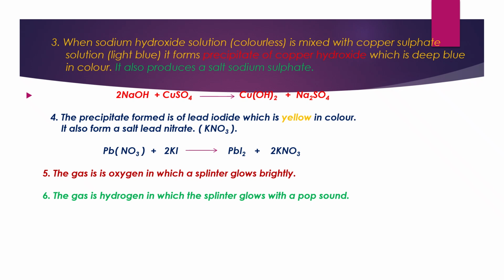Then see the precipitate formed when lead nitrate reacts with potassium iodide. It will form PbI2, that is lead iodide, a yellow color precipitate. This is very important. It will also give you potassium nitrate. The gas evolved is oxygen; if we put the gas in front of a glowing splinter, it will burn more brightly.